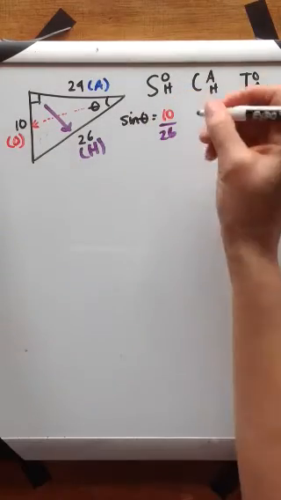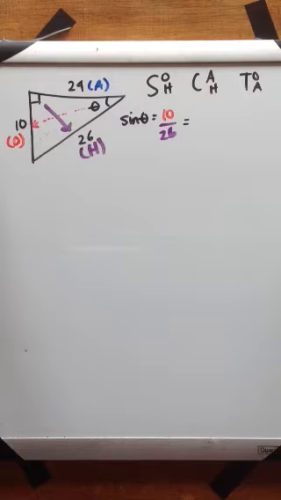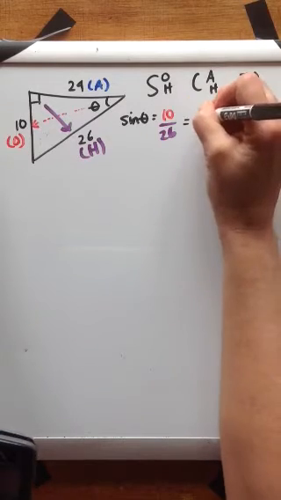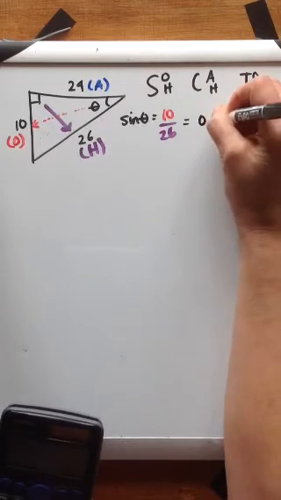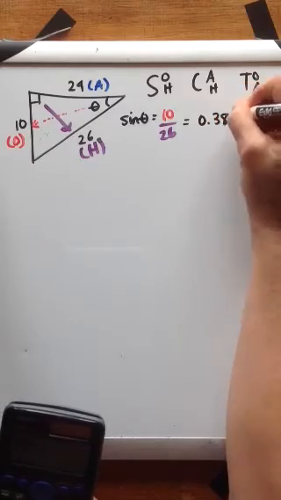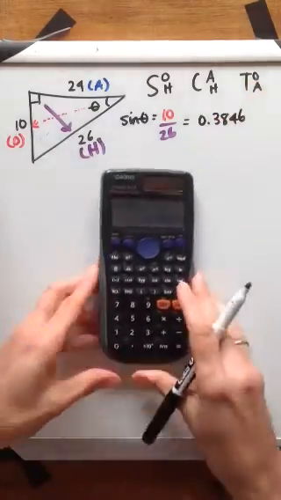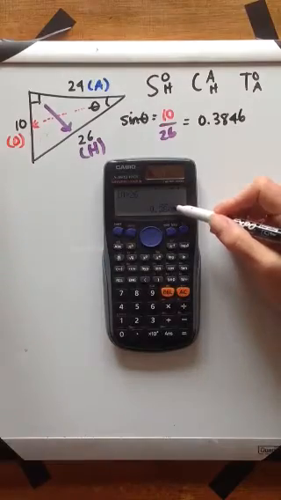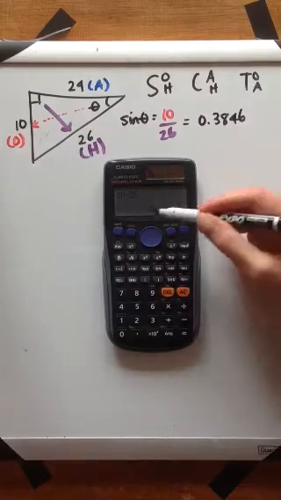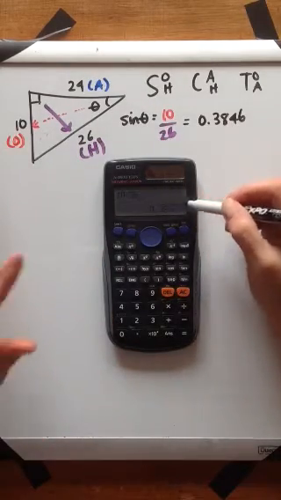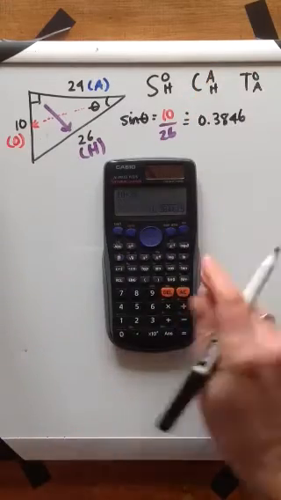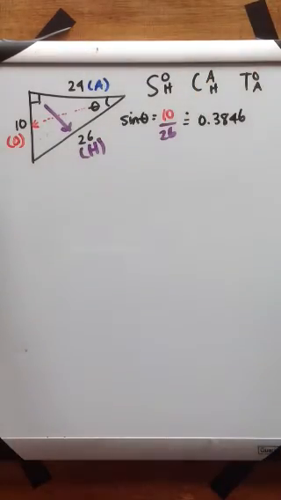And we can punch that into our calculator, and let's write it to 4 decimal places as the question suggests we should. And we get an answer of 0.3846. I notice that after my 6 it's a 1, so I'm going to leave it as a 6. And I notice that this is not an exact answer. In fact, these digits repeat over and over again, so we're going to put approximately equal to like that.